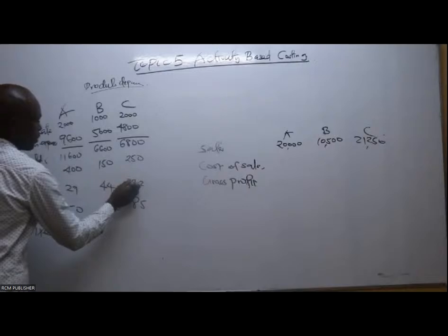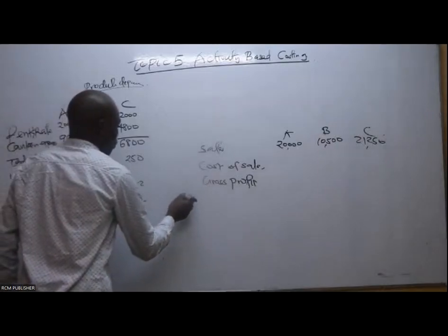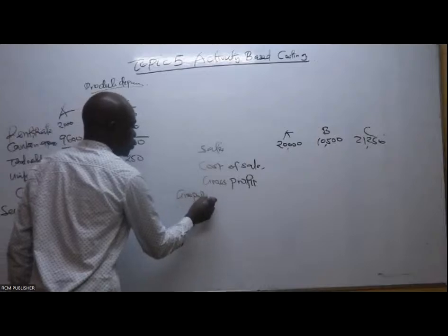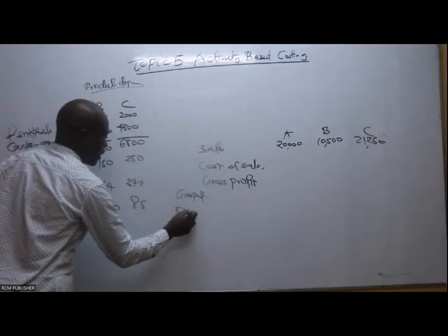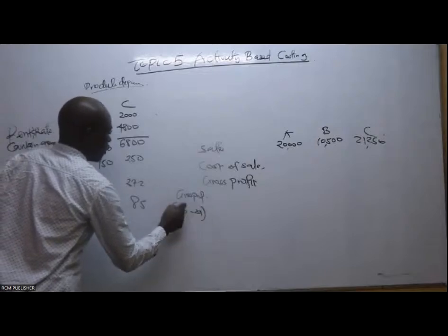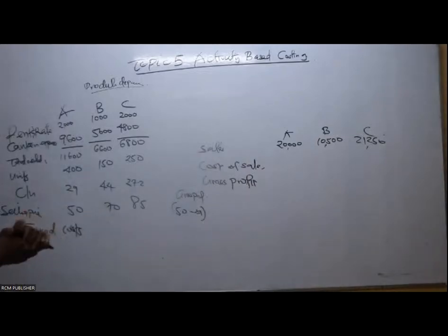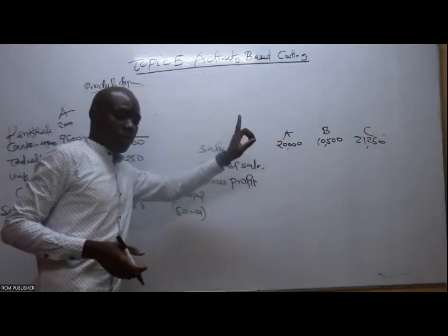Now, a good student who knows how this works, you covered something about gross profit per unit. What they do is this. They take the selling price, that is 50, minus cost per unit 29, then multiply by units to get gross profit directly without going through this process, because time is limited.